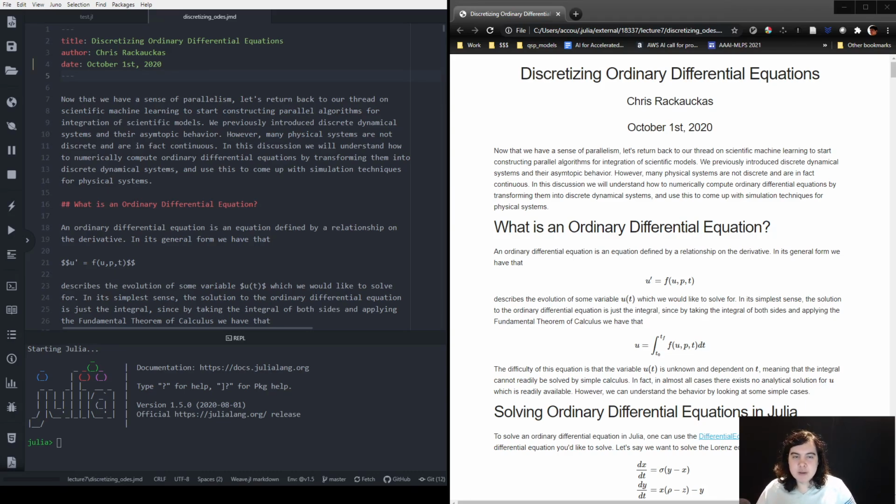So the discrete dynamical systems have a very different property from their continuous counterparts, and that property is actually very crucial to understand how to discretize and computationally evaluate ordinary differential equations, right? Because you want to get the continuous properties correct, otherwise you're getting the actual model and its simulation incorrect.